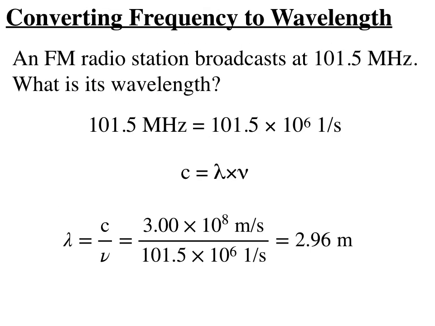Okay, let's use the relationship between frequency, wavelength, and the speed of light to see if we can determine or interconvert between wavelengths and frequencies. Let's begin by looking at a so-called FM radio station. So you go onto your FM dial, and it turns out there's a radio station that says that you tune into 101.5.